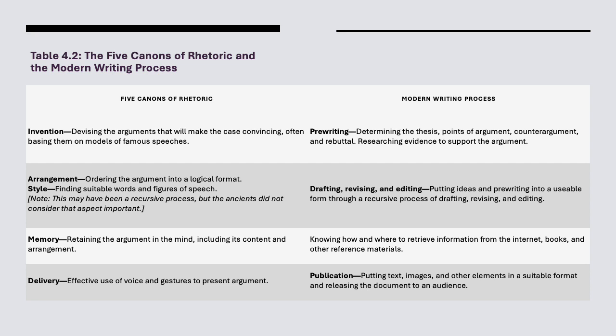So now that we have a different way of writing, different modes and methods, and so many, it's not just on paper, there's also still speeches, but there's films and everything that we went over in the genre theory lesson. It's extensive, to say the least. But you'll see, this is how we can compare the 5 canons of rhetoric to our modern writing process.